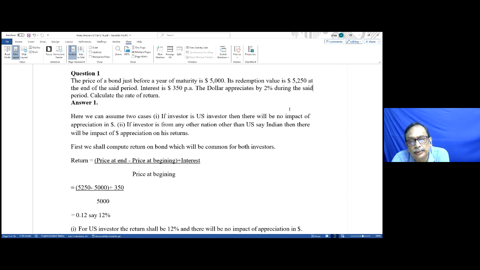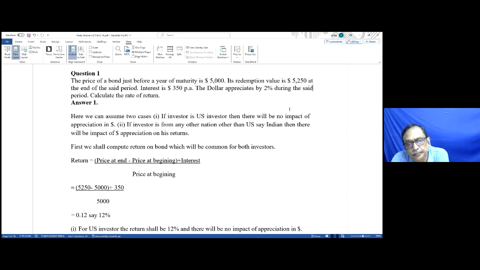First, we shall compute the return on the bond, which will be common for both investors. The return will be calculated based on the formula: price at end minus price at beginning plus interest, the entire thing divided by price at beginning.